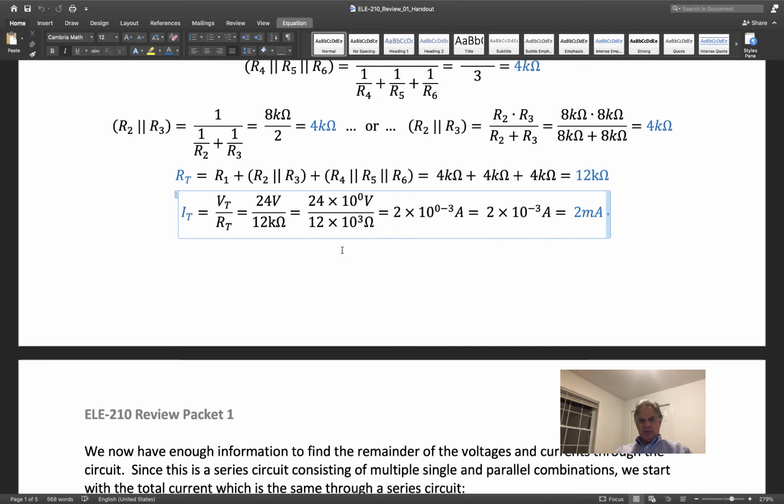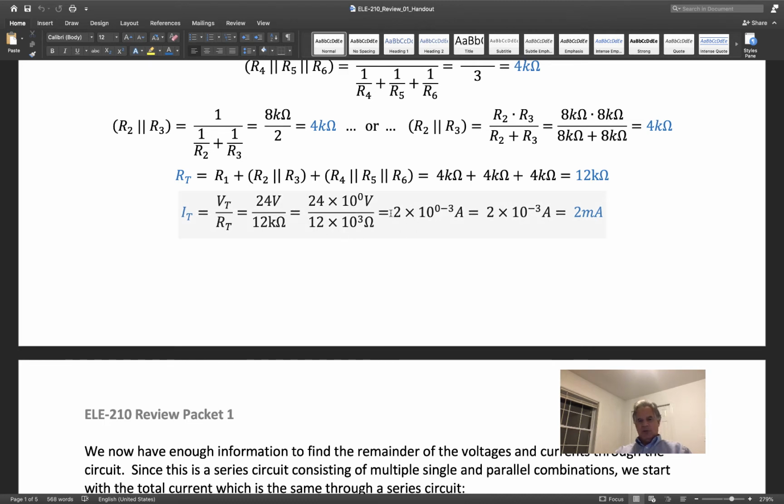And just to review the engineering notation stuff here, 24 volts is 24 times 10 to the 0. And 10 to the 0 is 1. So they got that many volts, and it's divided by 12 times 10 to the 3, because K means thousands and 10 to the 3 is thousands. So 24 over 12, 10 to the 0 over 10 to the 3.